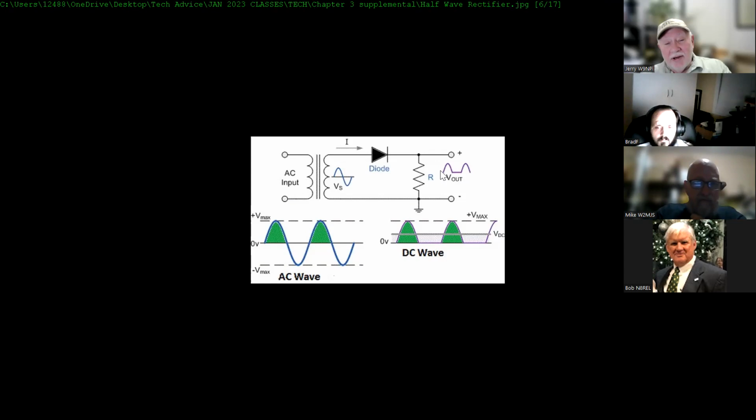So what you have now is positive, nothing there, positive, nothing there, positive. So it's going to be a bumpy ride. This is called a half wave, because you see the half wave.